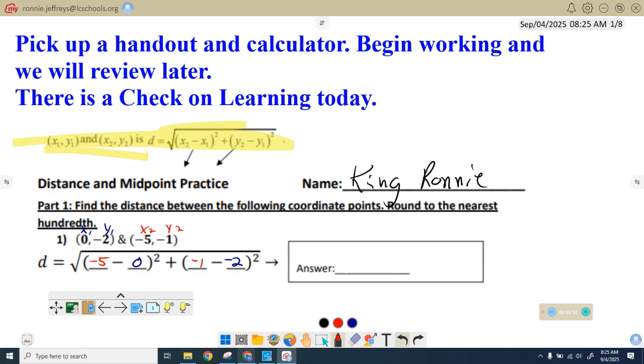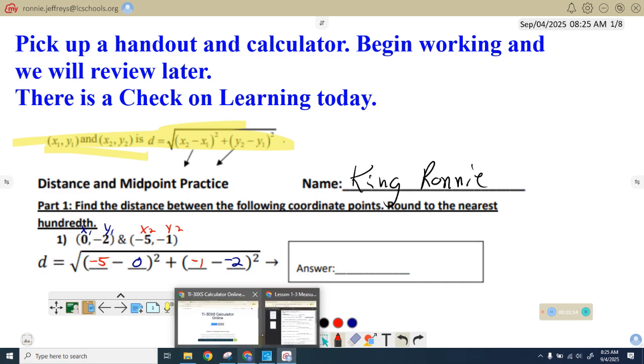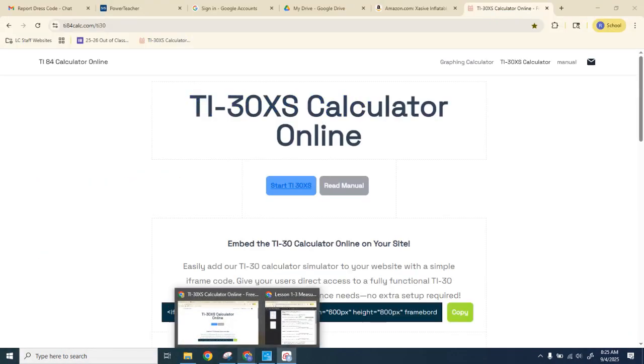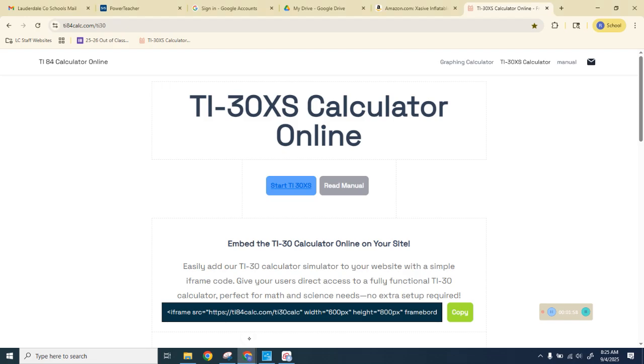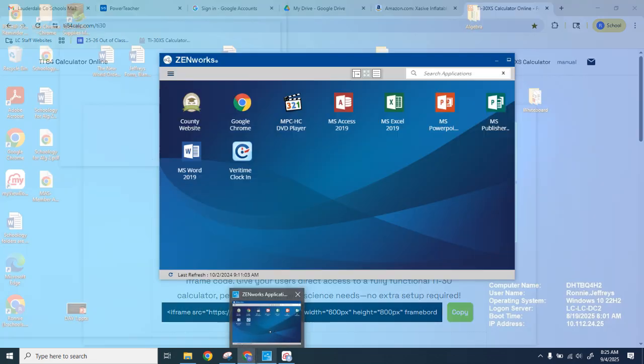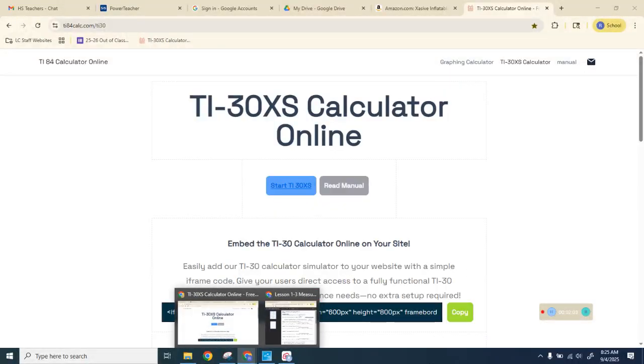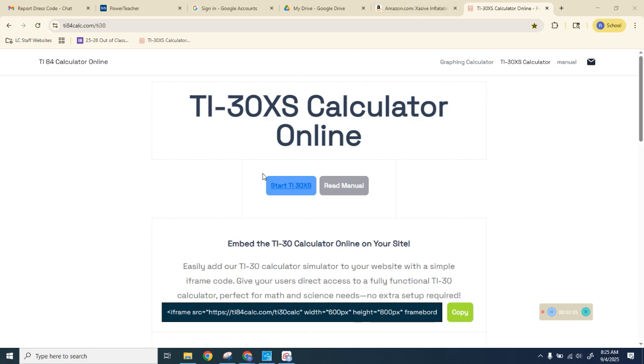Now, remember, we had to be careful about how we entered stuff in the calculator. I had a calculator somewhere. Where did it go? All right.